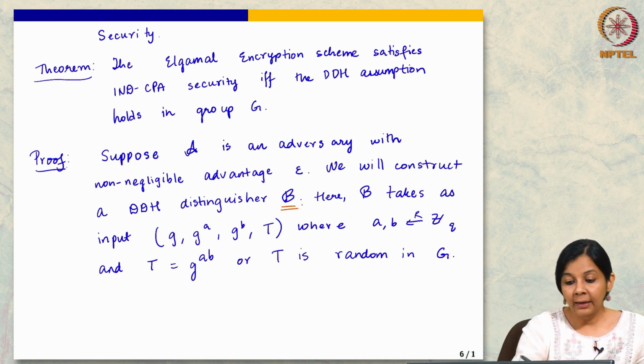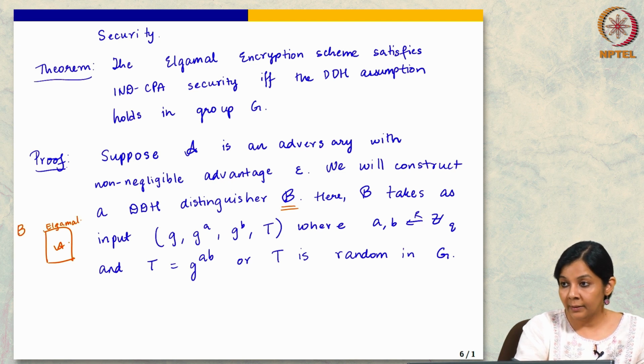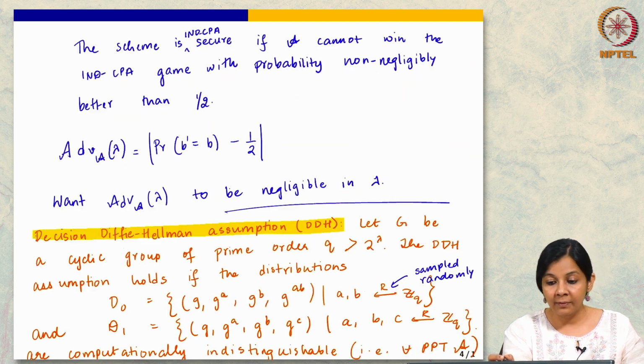Now, I have this A, my attacker against the El-Gamal encryption, and I have this B sitting outside it. This B has to interact with A as we described in this game.